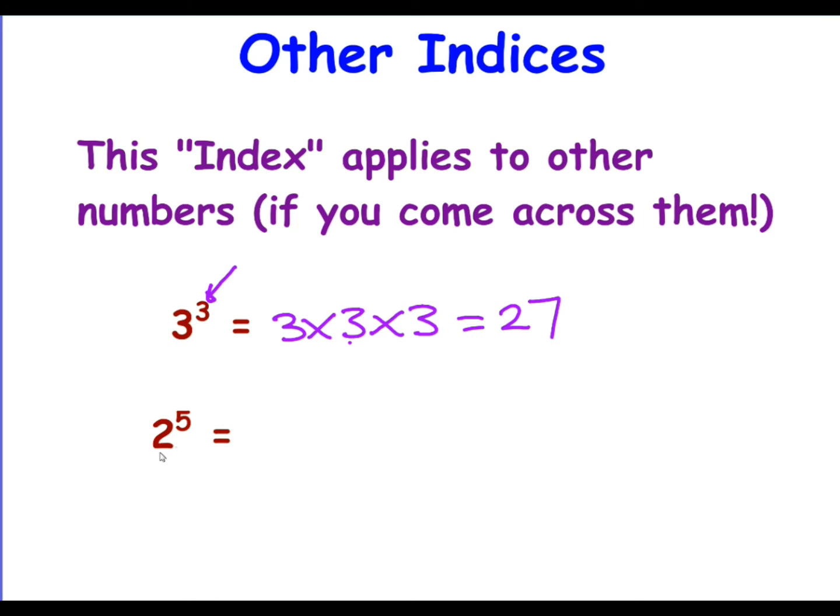Another example is 2 to the power 5. So 2 to the power 5 is 2 multiplied by itself 5 times. So 2 times 2 is 4, 4 times 2 is 8, 8 times 2 is 16, 16 times 2 is 32. So that's how other indices work.